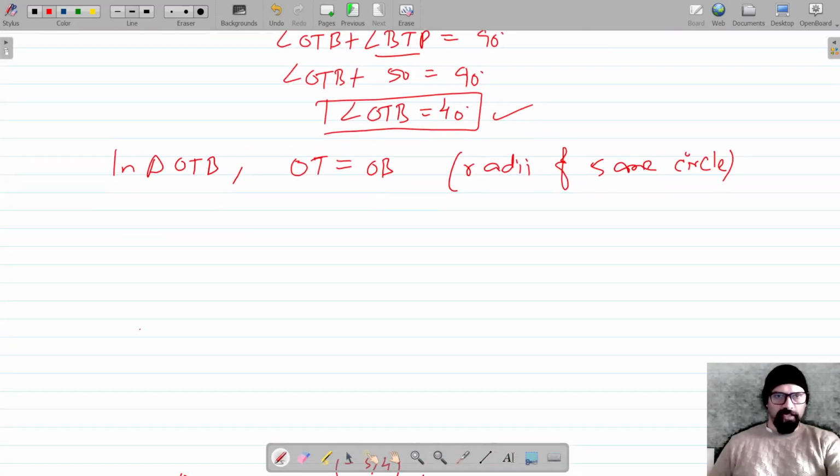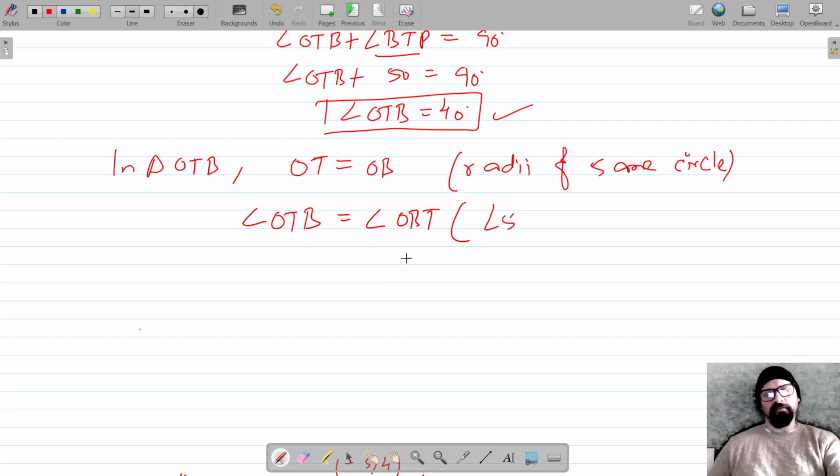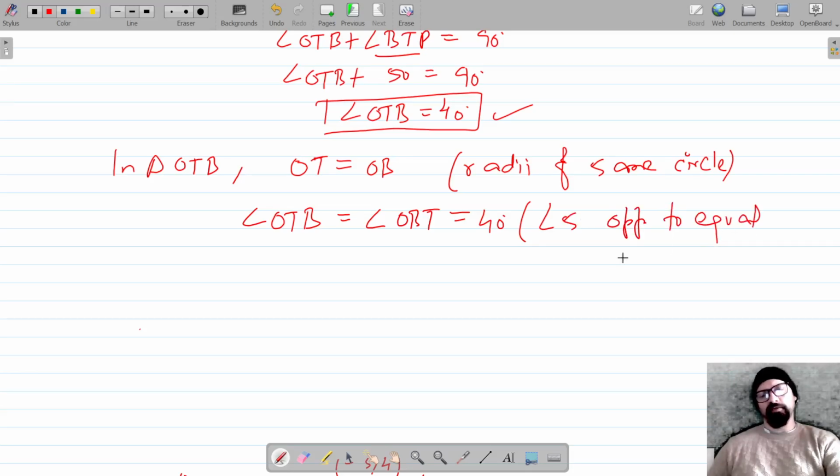So angle OTB is equal to angle OBT, and we have already got OTB, so both these are equal to 40 degrees. The reason being angles opposite to equal sides are equal.